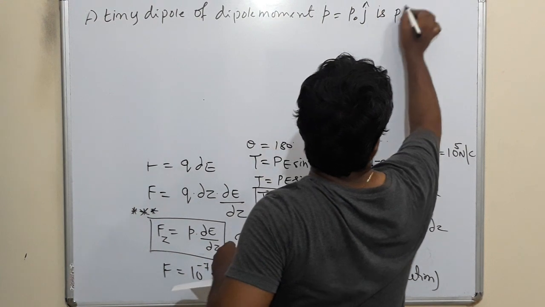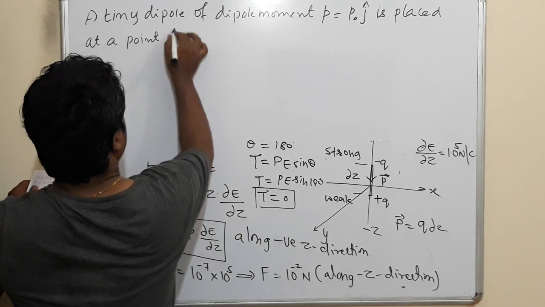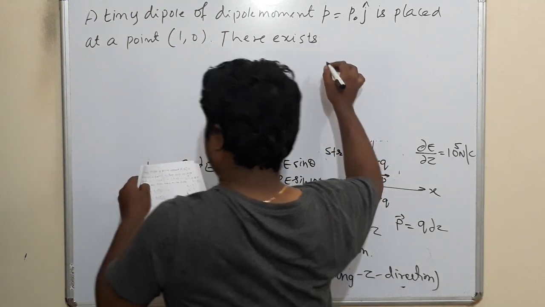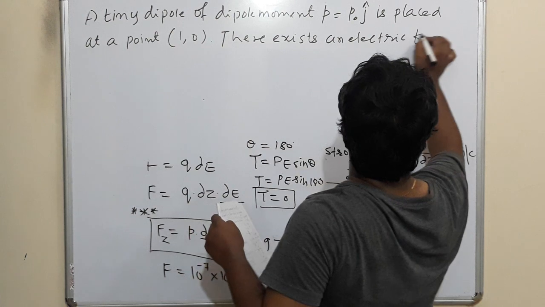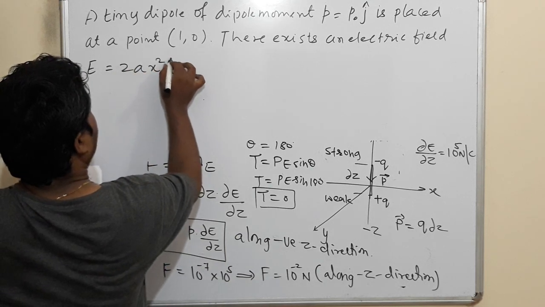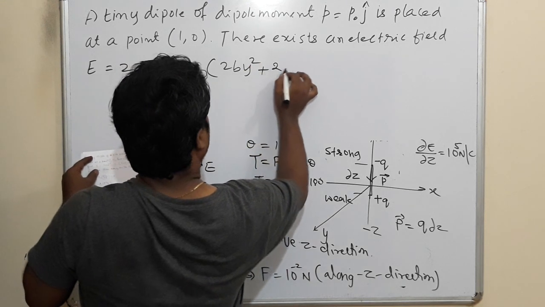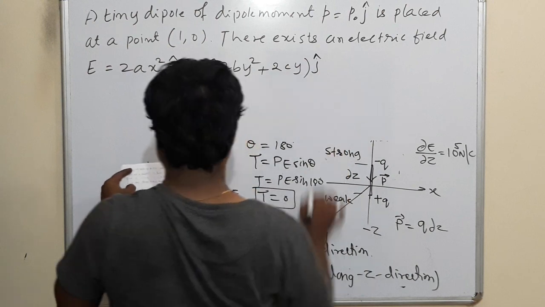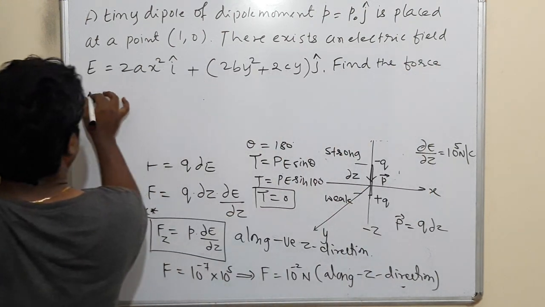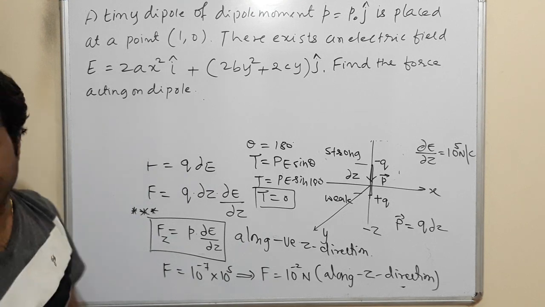It is placed at the point (1, 0). There exists an electric field E is equal to 2ax square i plus (2by square plus 2cy) j. Find the force acting on the dipole.